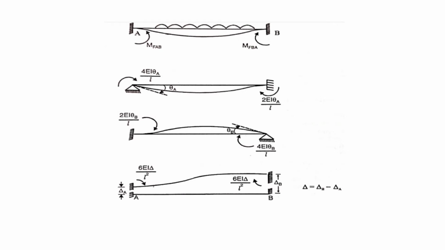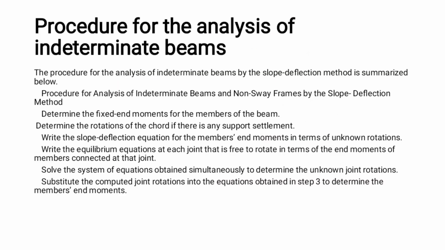In that area the slope will be there, and at a fixed support there will be no slope. And in the last diagram, the deflection is 6EIΔ divided by L squared at point A. At point B there is ΔB, 6EIΔ by L squared, where Δ is equal to ΔB minus ΔA.